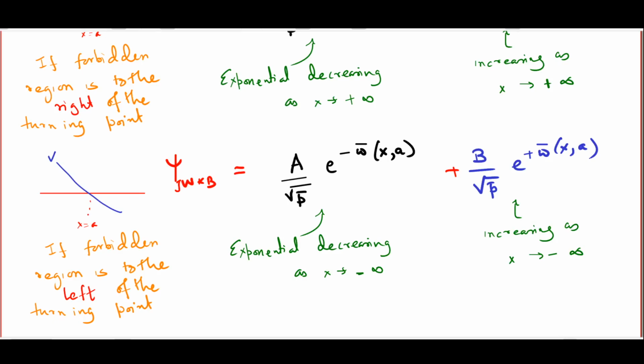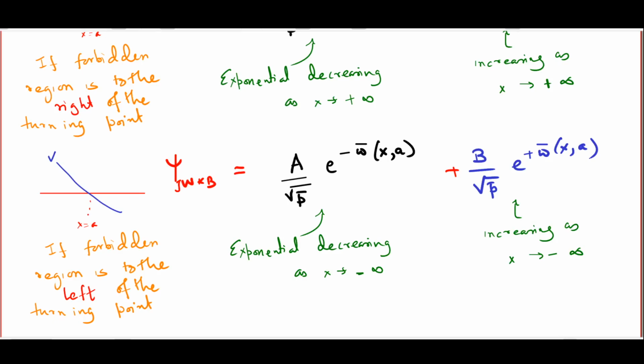That is, instead of using e to the minus w bar a comma x, you write e to the minus w bar x comma a and e to the plus w bar x comma a. Notice that here w bar x comma a is positive simply because x happens to be less than a because you are, remember, in the forbidden region, and here the forbidden region is to the left of the turning point.